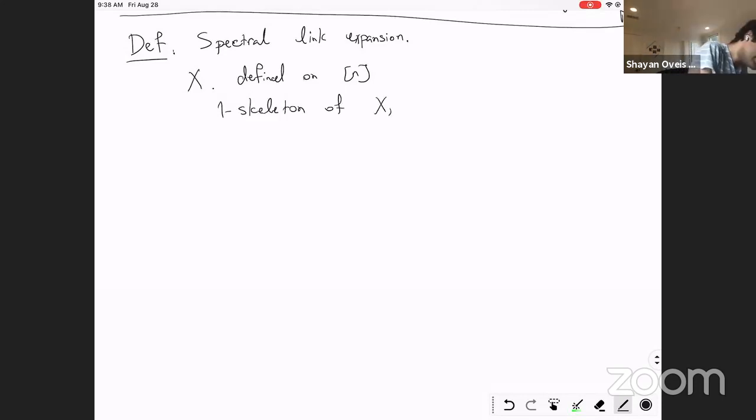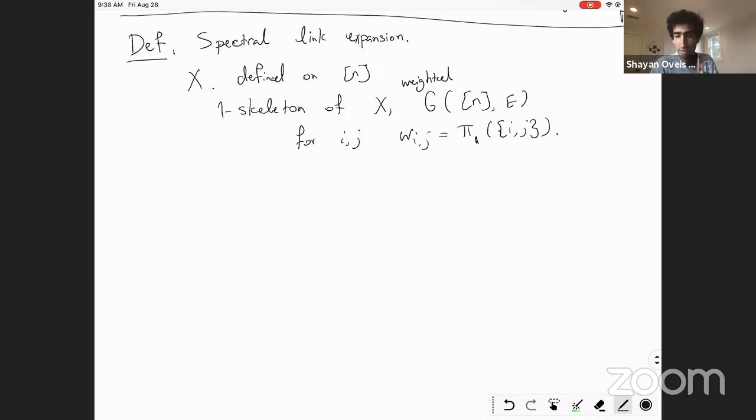This is a graph, let's say G, with vertex set N, and it is a weighted graph where for i and j, the weight of the edge ij is pi 1 of i comma j.